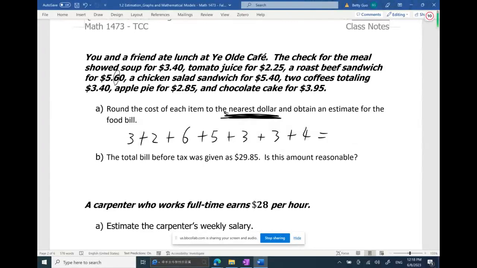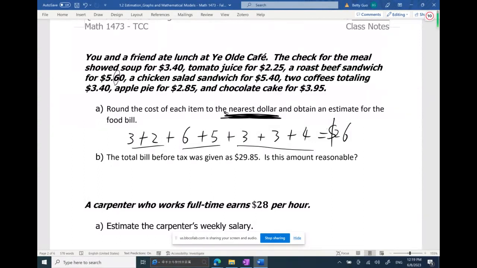So 11, 16, 16 plus 6, 22, 22 plus 4, 26. Let me double check. So this is 10, and this is 11. So 21, 21 plus 5, 26. Yeah. So $26 would be the estimate of the bill.